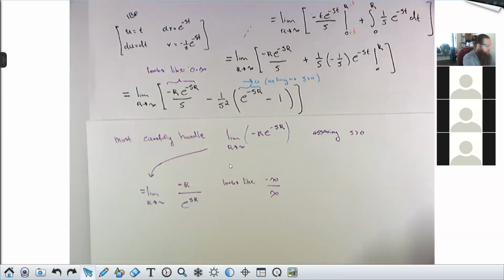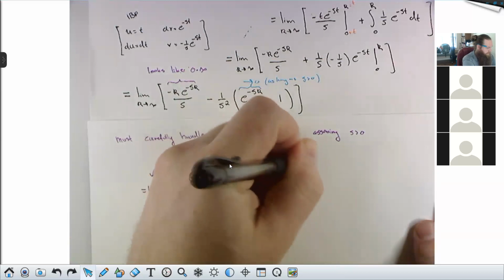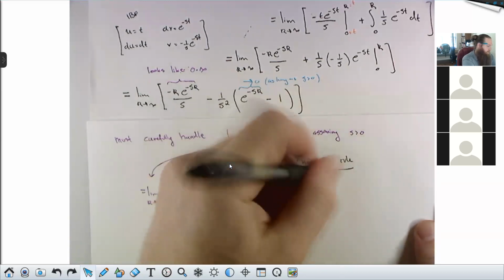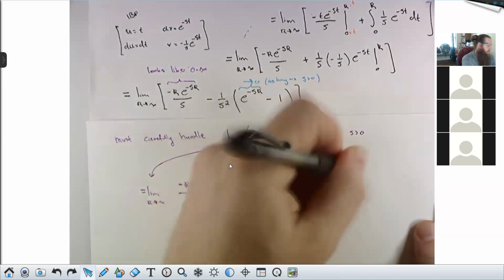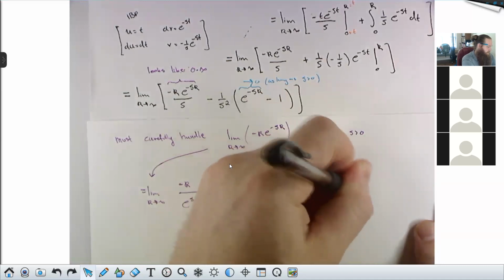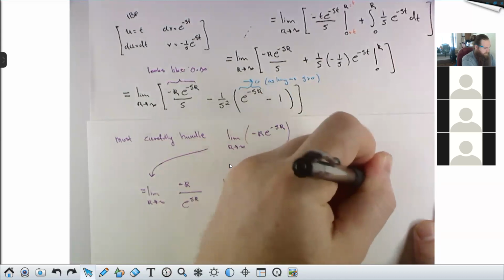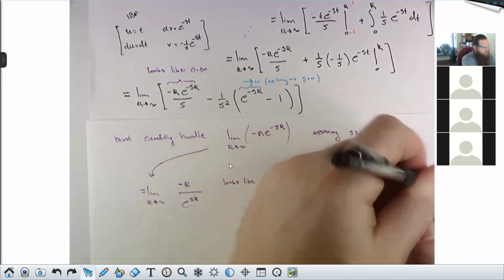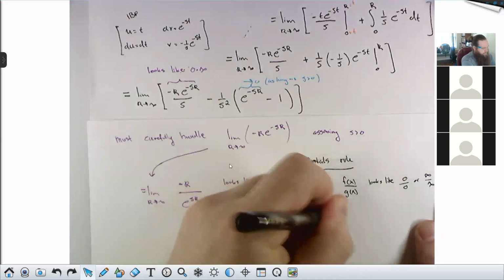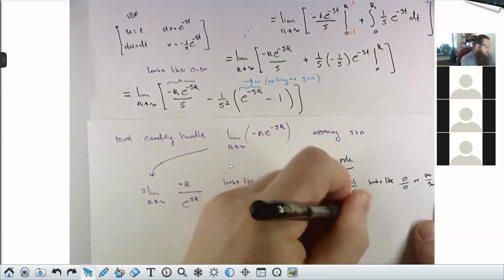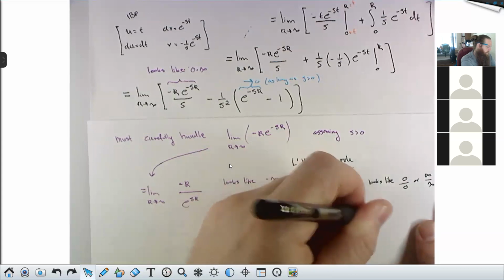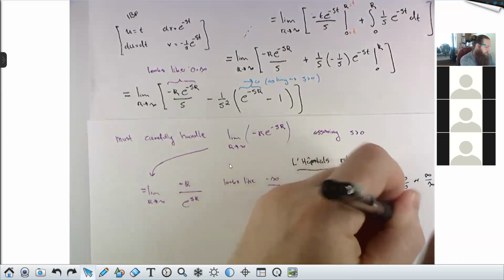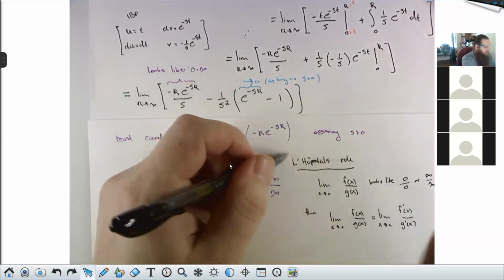So L'Hopital's rule says if lim x to c f of x over g of x looks like 0 over 0 or infinity over infinity, then lim x to c f of x over g of x is the same as lim x to c f prime of x over g prime of x. So we differentiate the top and bottom separately.